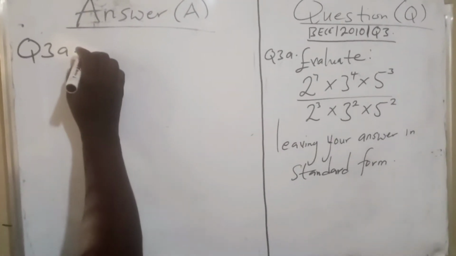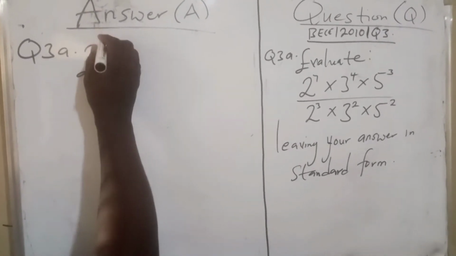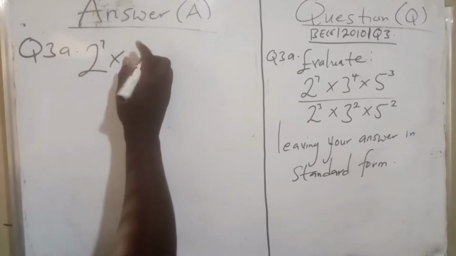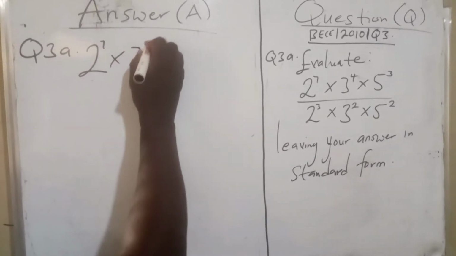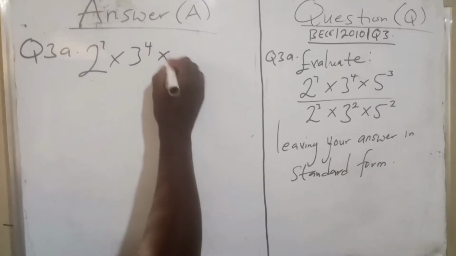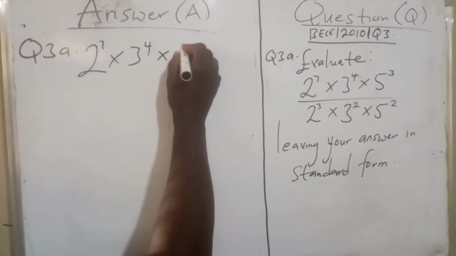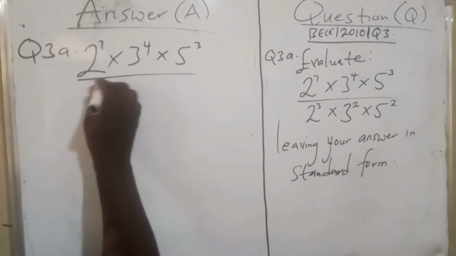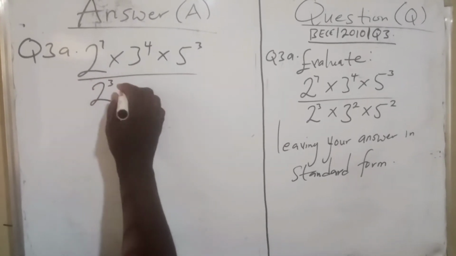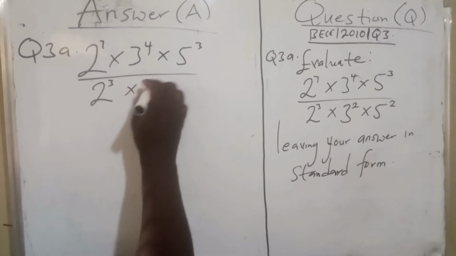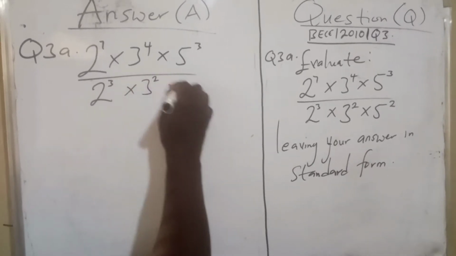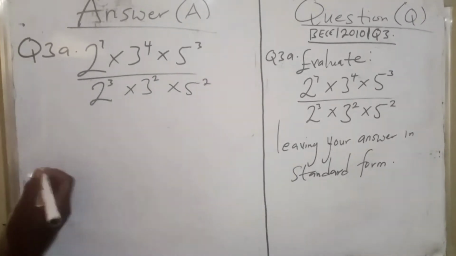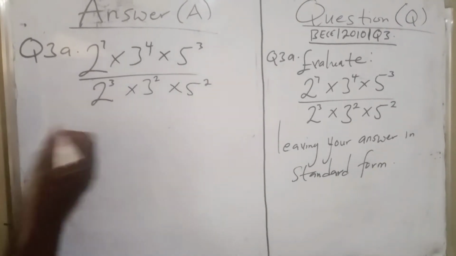So the question is 2 exponent 7 times 3 exponent 4 times 5 exponent 3 all over 2 exponent 3 times 3 exponent 2 times 5 exponent 2. So we can decide to rewrite the question in this form.